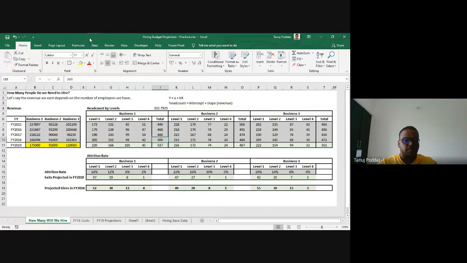So per person, business one is earning say 332, business two is earning 188, business three is earning something similar, right?